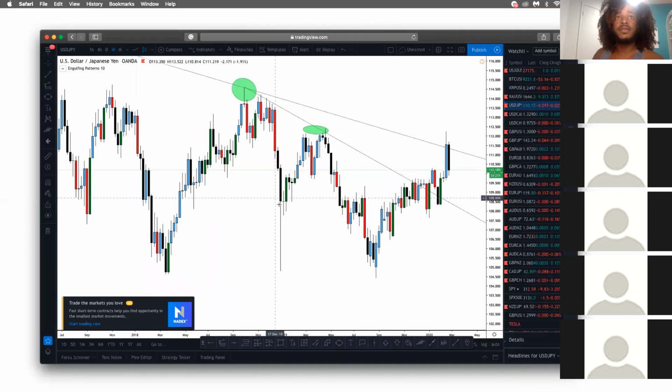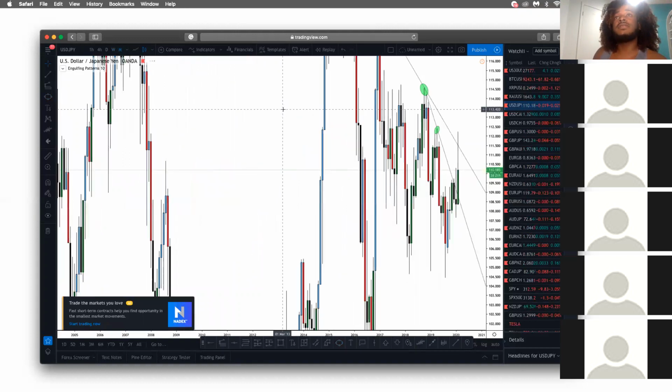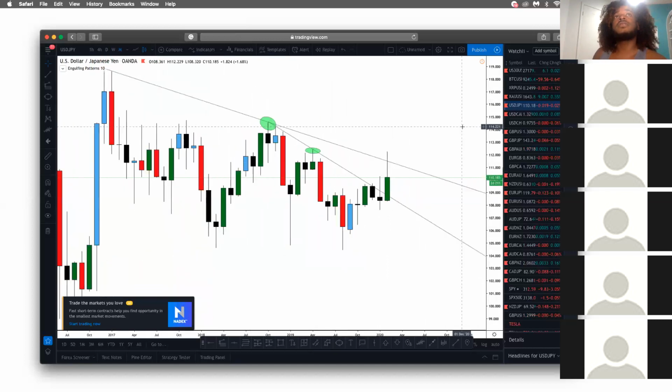A lot of the times, some brokers would not include this wick, or some event happened for the market to make this sort of wick, and it probably took a lot of people's money with it, right?